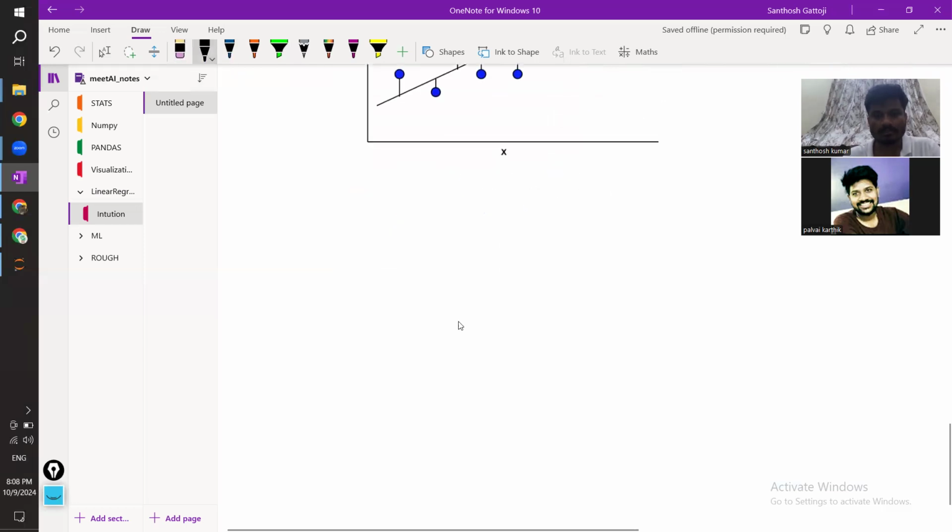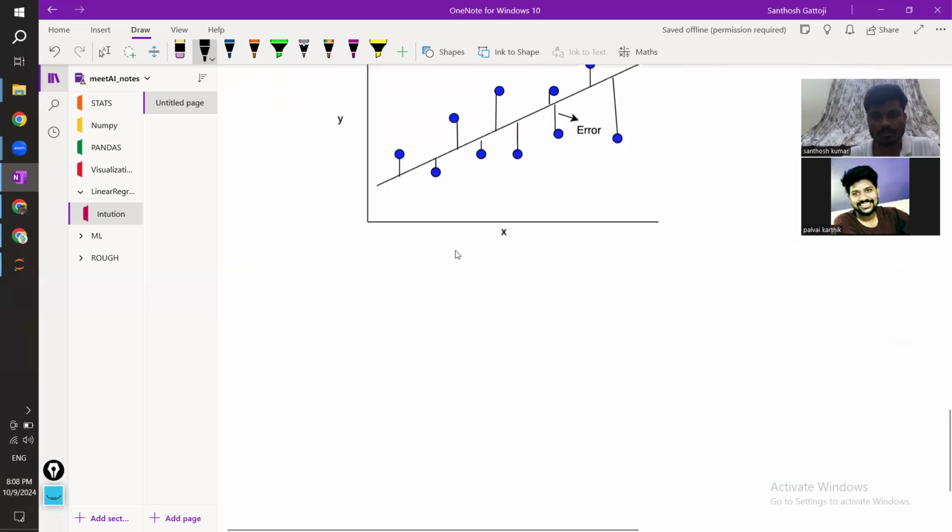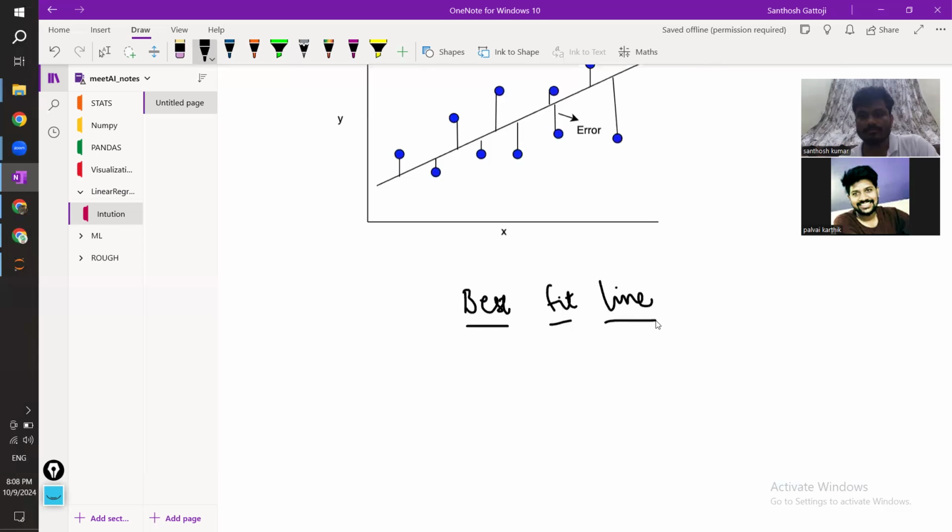Whenever you're studying linear regression, you will encounter this word a lot: best fit line. In an interview, for example, if someone asks you what is the aim of linear regression in one line, it's just to find the best fit line. That's it.